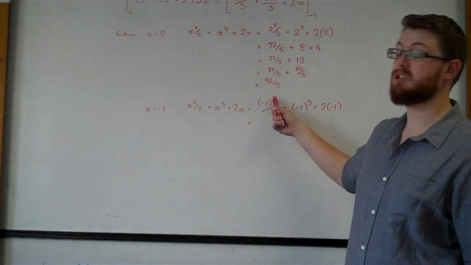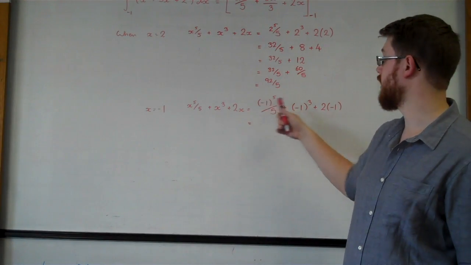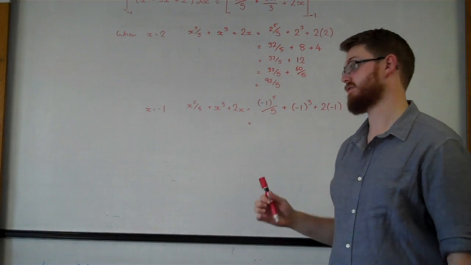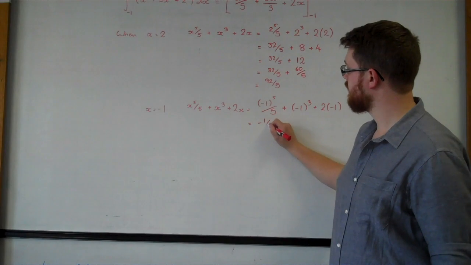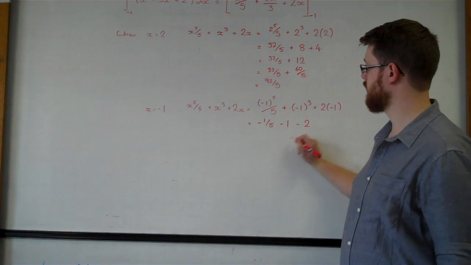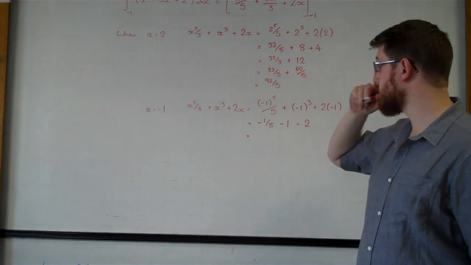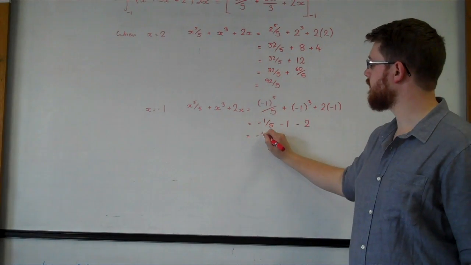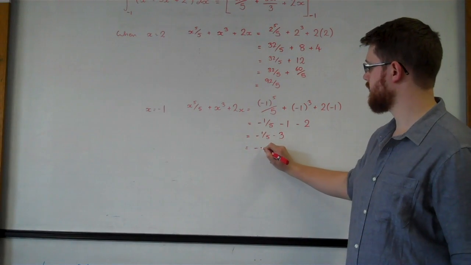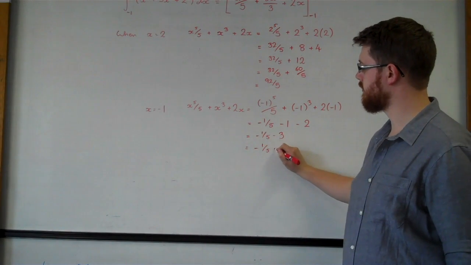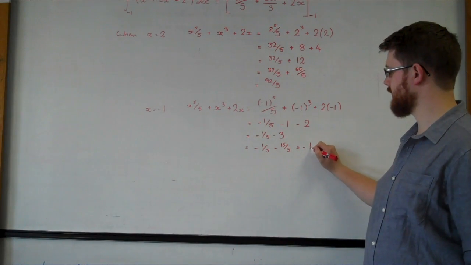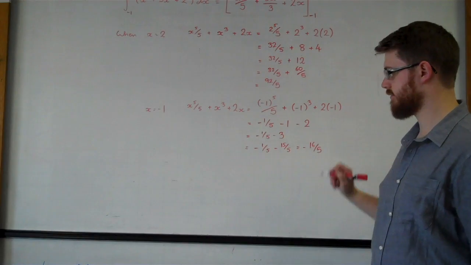You've got to remember that when you've got an odd power, so 5, 3, the negative numbers stay negative. So you get minus a fifth, minus 1, minus 2. Which we get minus 1 over 5 minus 3, which is minus 1 over 5 minus 15 over 5, minus 16 over 5.